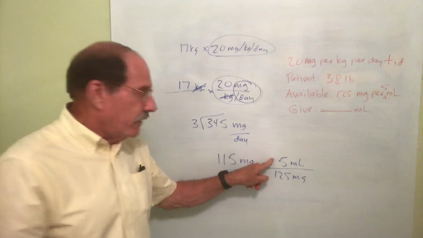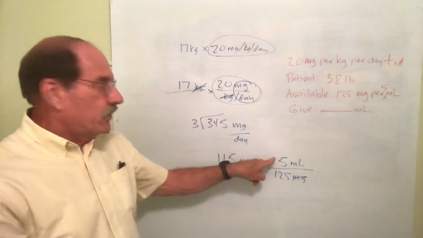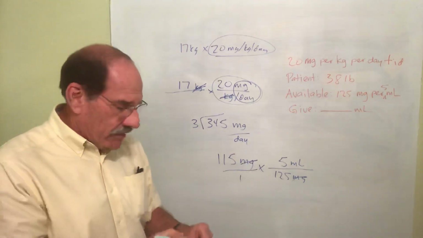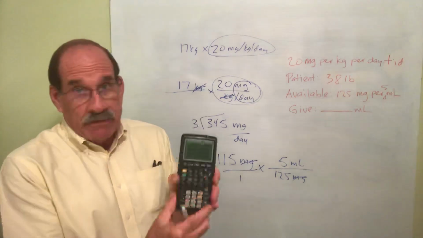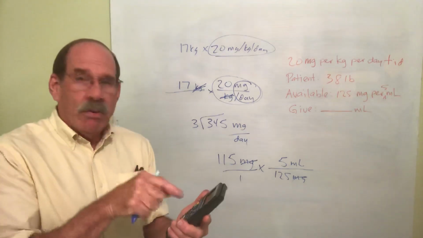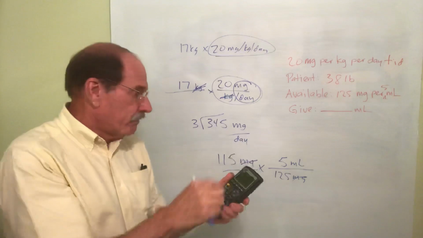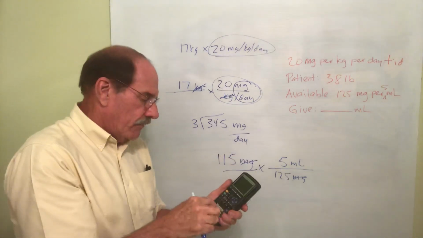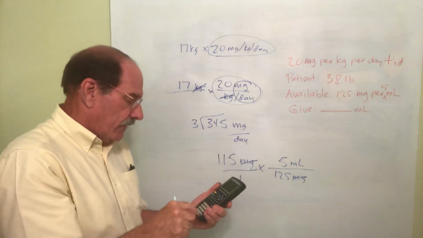Anytime there's a number up here, you have to deal with it. Those cancel out. So now it's 115 times 5 divided by this. But again, it's not 115. It's the previous step, the 115.151515. I take that long strung out number times 5, then divided by 125.